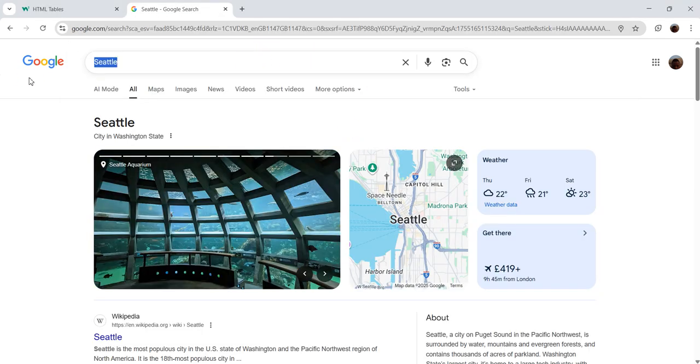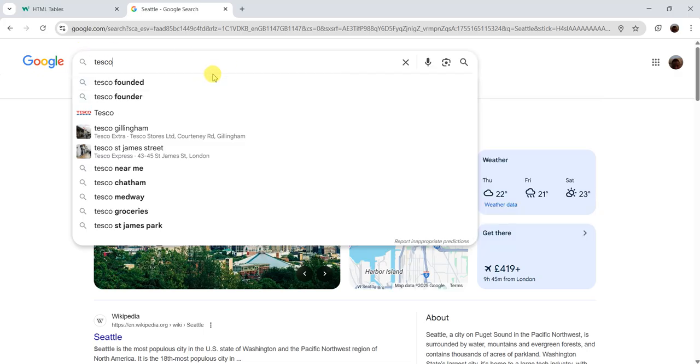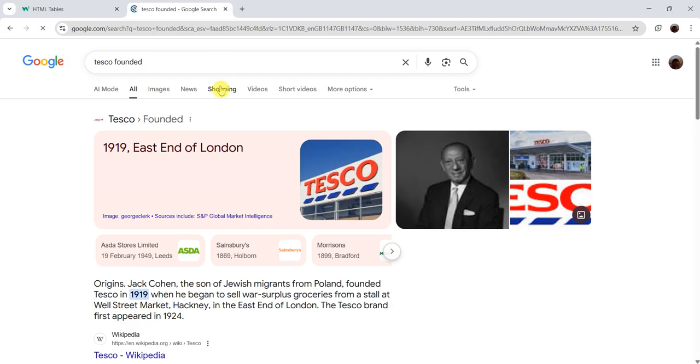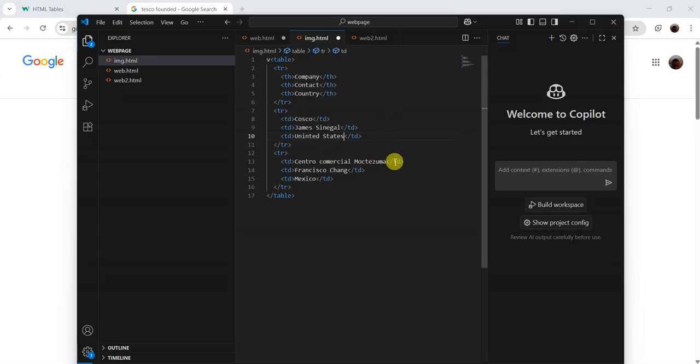Then another one we can do is Tesco. We already know where Tesco is founded from what we just searched up, which was in the UK.